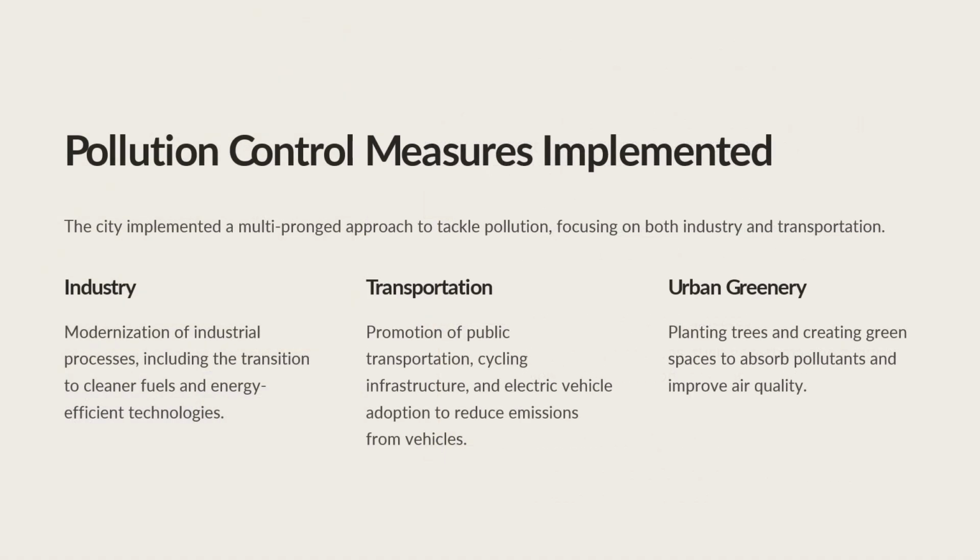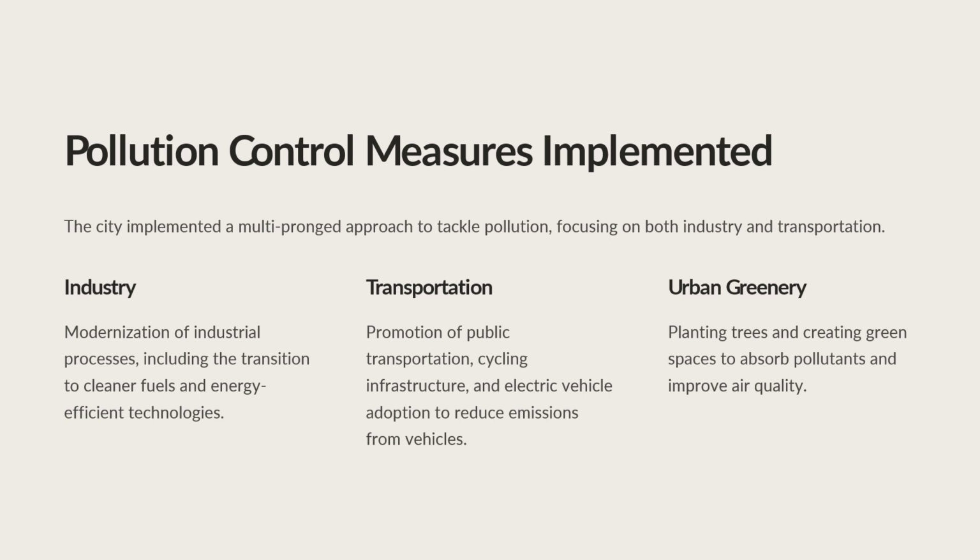Pollution control measures implemented. One, the industries modernized themselves, including the transition to cleaner fuels and energy efficient technologies. Two, promotion of public transportation, cycling infrastructure and electric vehicle adoption to reduce emissions from vehicles.